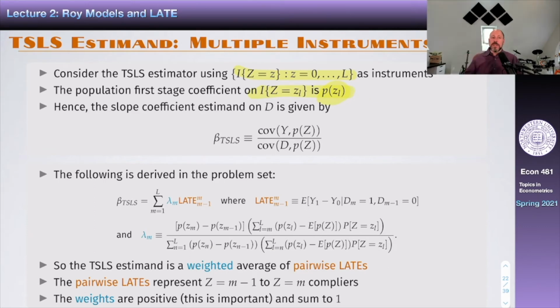The reason why I wanted you to work it out is because when you do it, you're going to learn how the mechanics work in the background. And then it's going to hopefully force you to see how, the minute that you deviate from the binary instrument case, yes, it's true that people will say, oh, it's a weighted average of LATEs. And it's true that these weights are positive, as I wrote here.